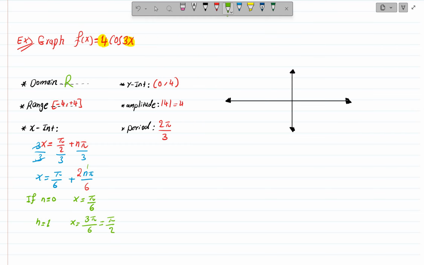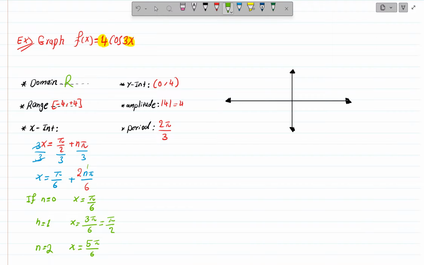If n equals 2, as an example, we will get x equals, we will have 4 pi, so it's going to be 5 pi over 6.